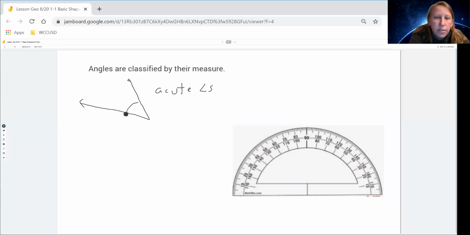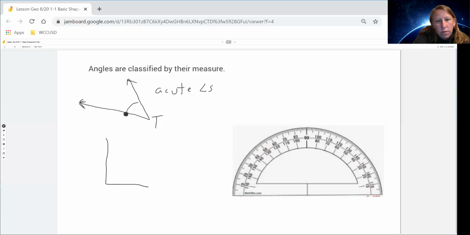More words to describe shapes and their relationships. So there's a ton of angle vocabulary. So we could call this T. So angle T is an acute angle. That's good to know. What other types of angles are there?